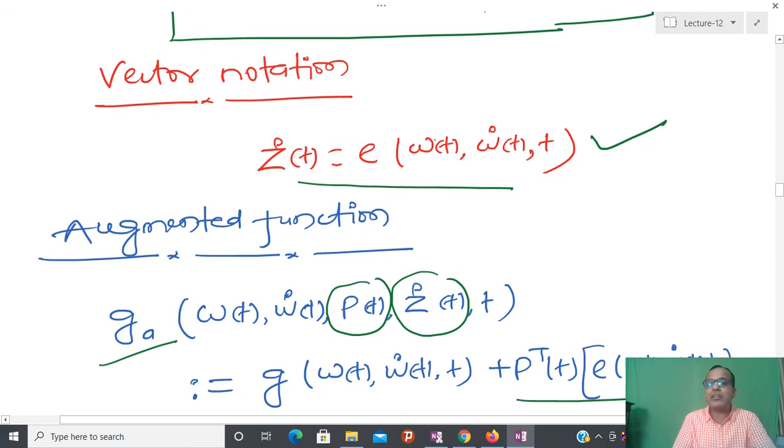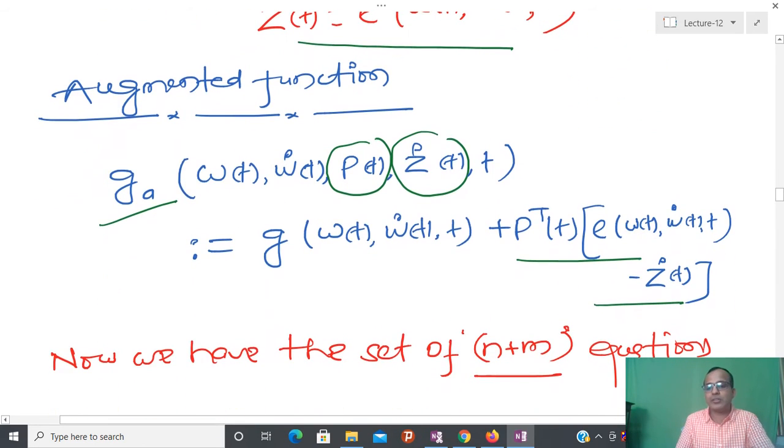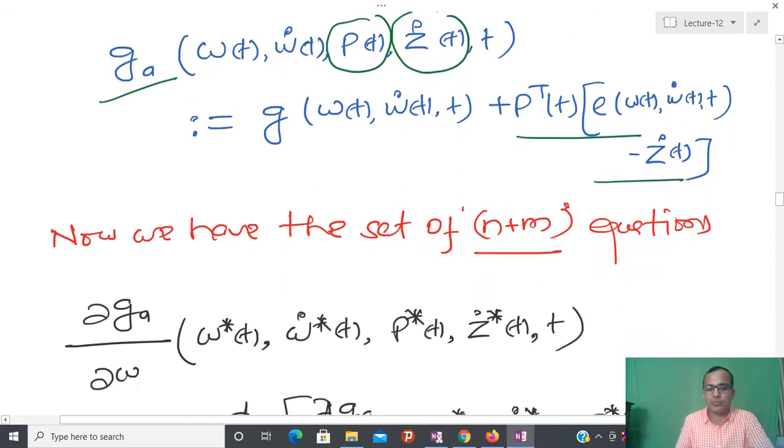So at the point of extremal omega star, omega dot star, this kind of equation will be satisfied, and here z dot star also comes into the picture.